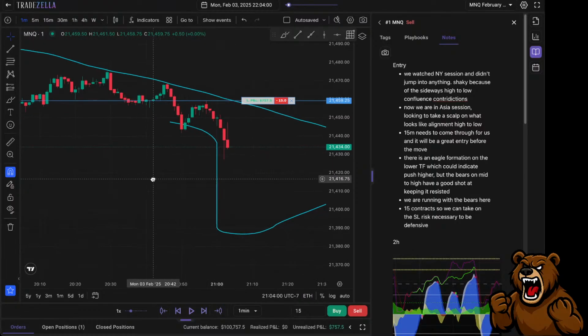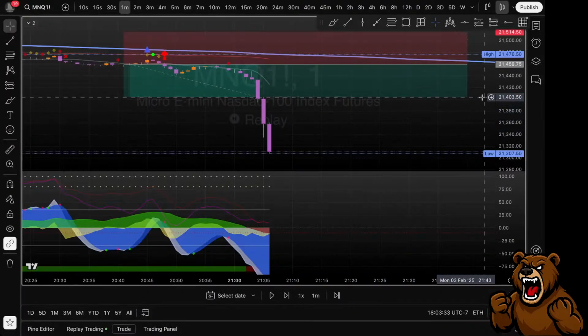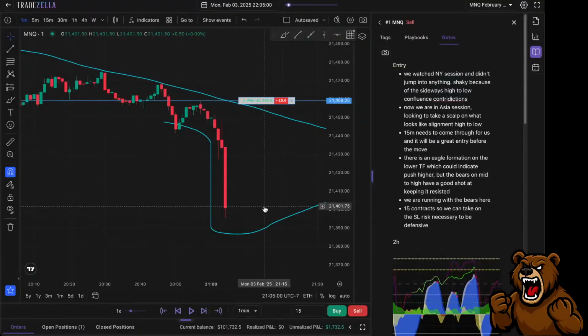So that's not the bottom. So let's go forward. Okay, here we go. 403.50. Yeah, this is going to be as close as we can get, unless it goes up a little bit. No, it sure doesn't.